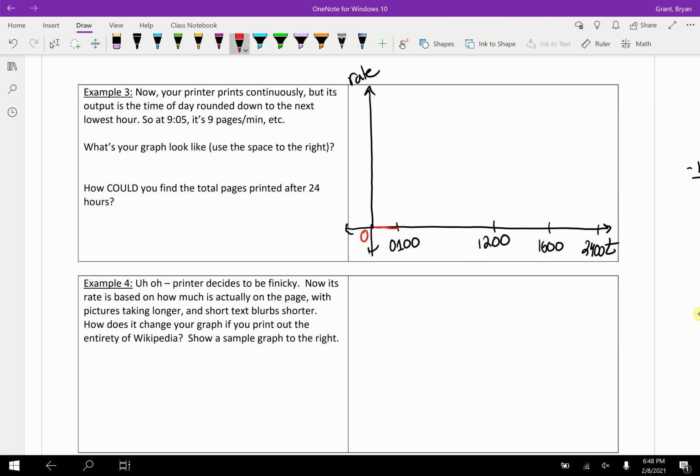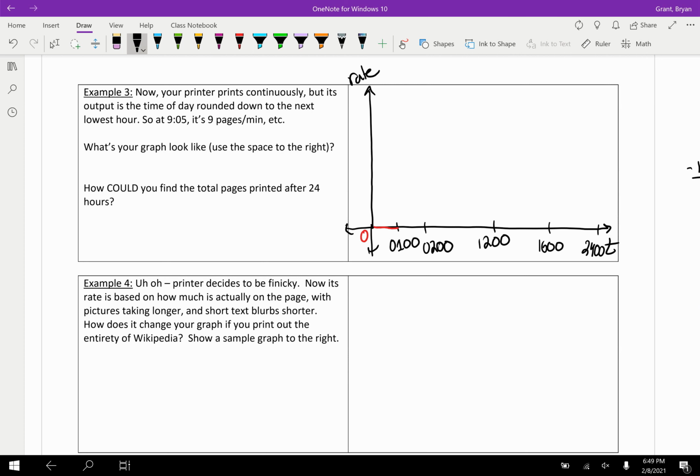Okay, and then from 0100 to 2 a.m., right? So some sample times in here might be something like 1:32. We always round down to the nearest hour, and so that's printing at a rate of 1 page per minute.